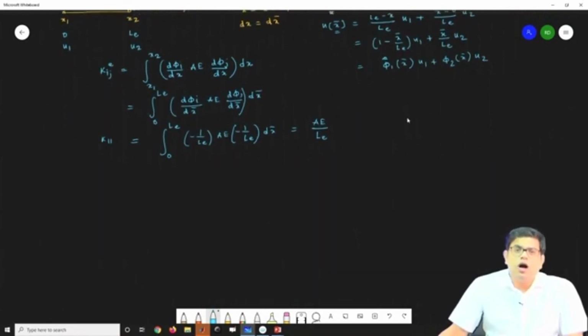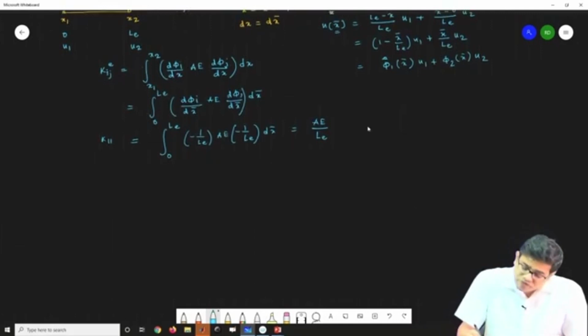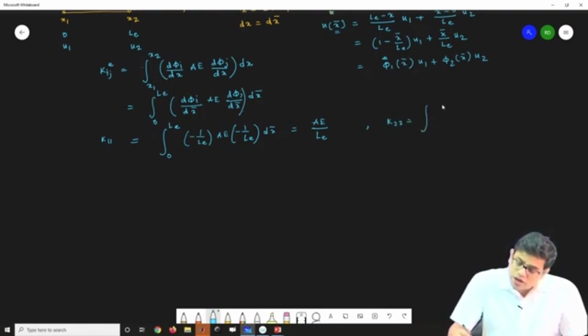Similarly, for K22, the derivative of the second shape function is 1 by LE, so 1 by LE times AE times 1 by LE, dx bar. The integral gives LE, so this is also AE by LE.